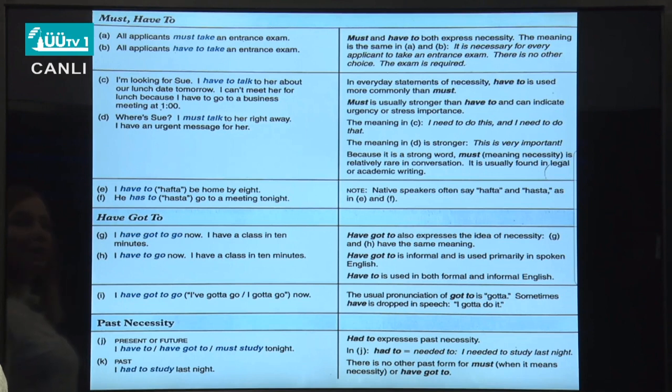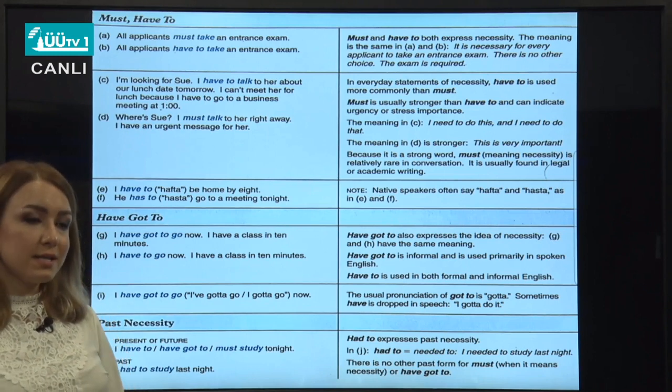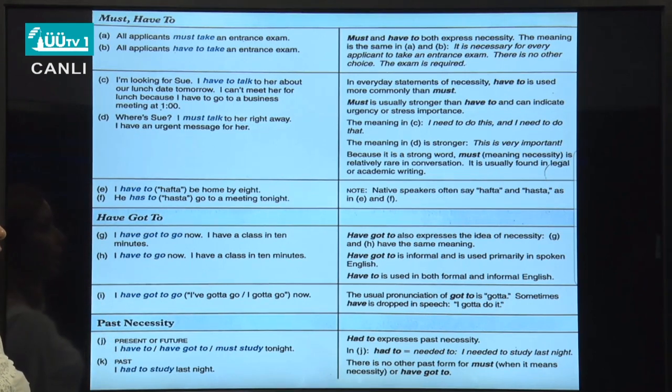What about example D? Where is Sue? I must talk to her right away. I have an urgent message for her. So, as you see, in this example, we have a kind of stronger thing. This is very important. It is very urgent to do such a thing.